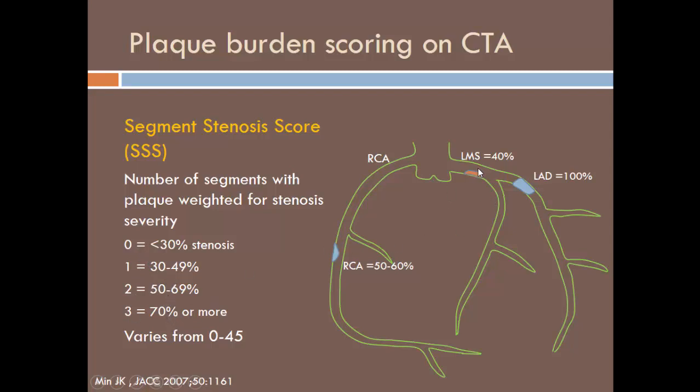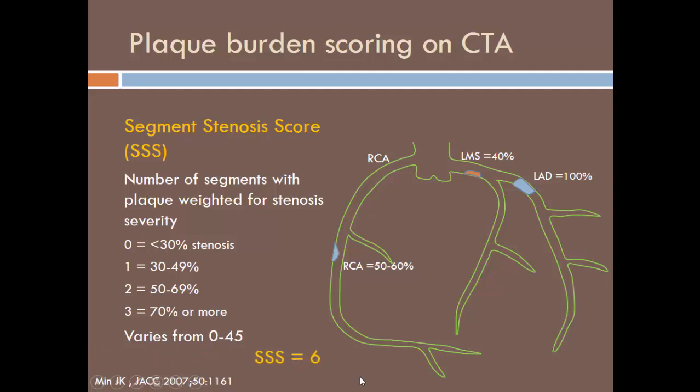For example, this plaque is causing 40% stenosis in left main, it doesn't matter the location. So it will come in this category, so 1. This plaque will have a score of 3, 1 plus 3, 4, and this will have a score of 2. So that will make it a score of 6. You can have scores up to 45 with this particular method.